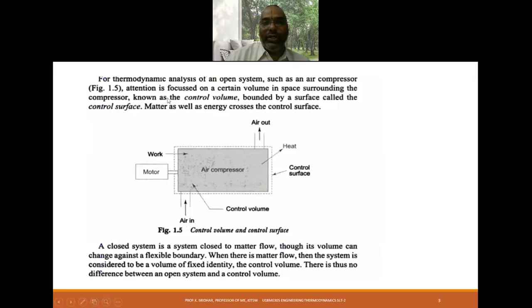For the air compressor, attention is focused on a certain quantity of matter surrounding the compressor, known as the control volume.